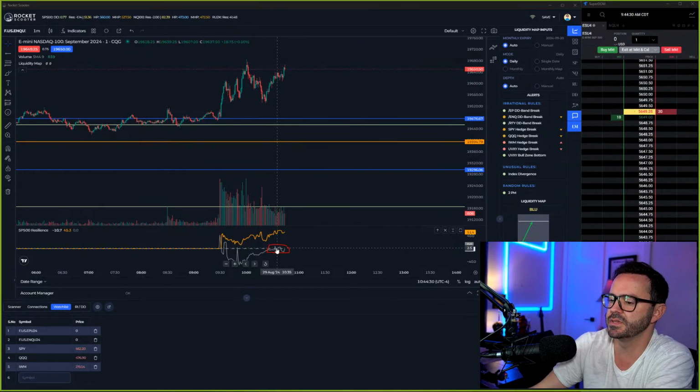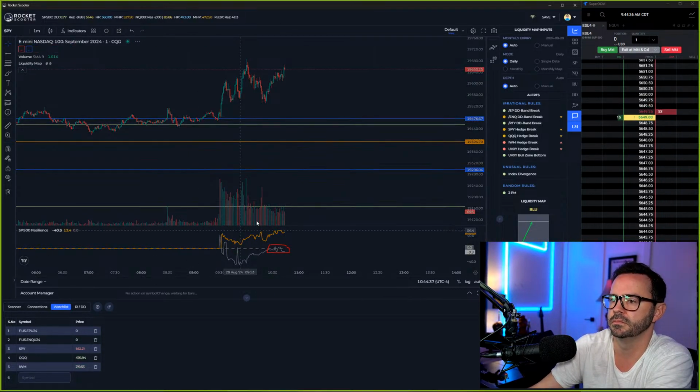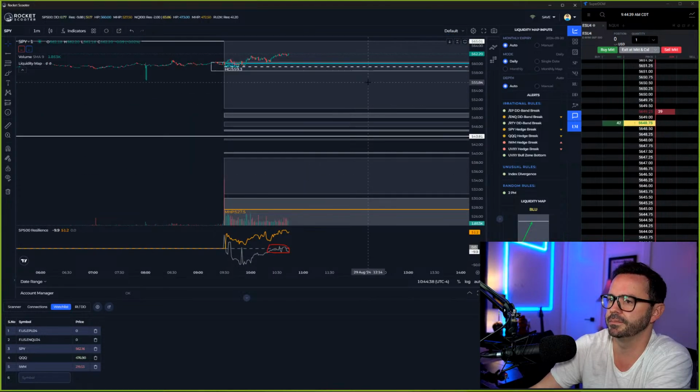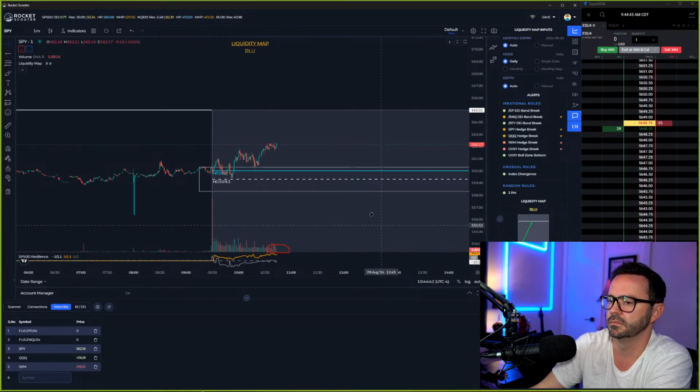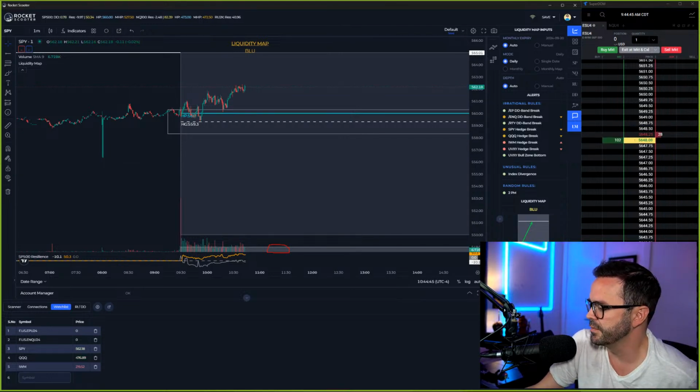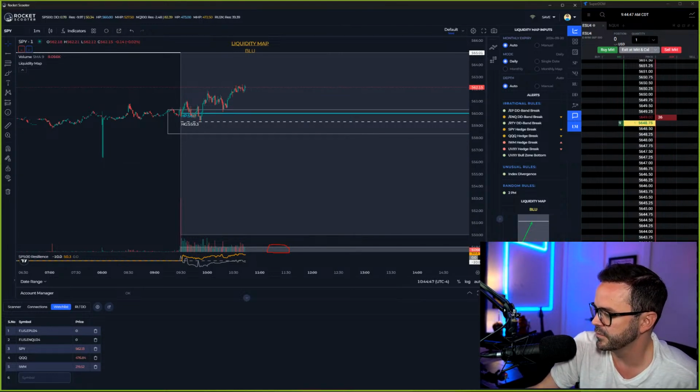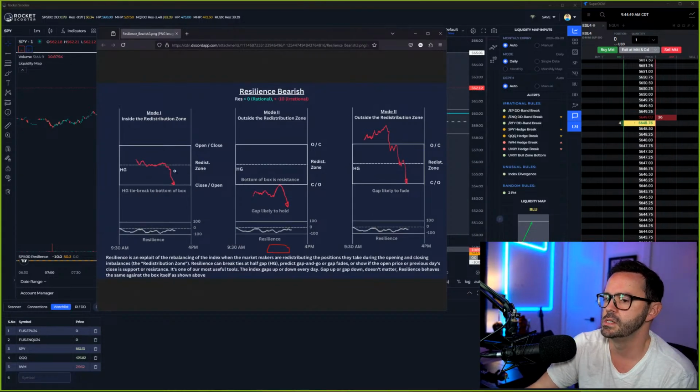Problem is that the stocks themselves are looking very gap filly, which I don't like. Not that I'm looking to short the market today, but anytime you're trading above the redistribution zone and resilience is negative, I'm always cautionarily bullish.